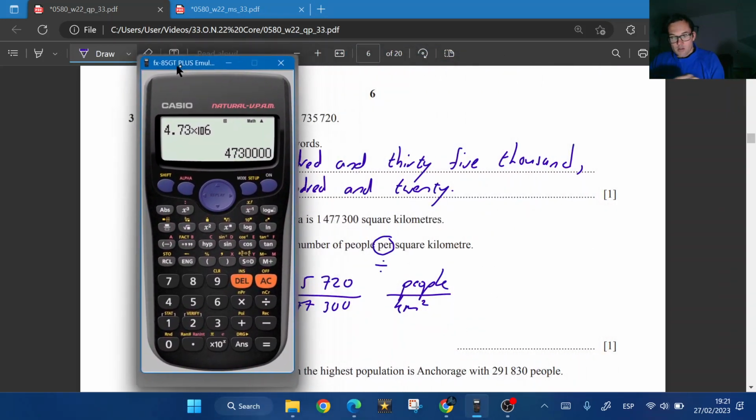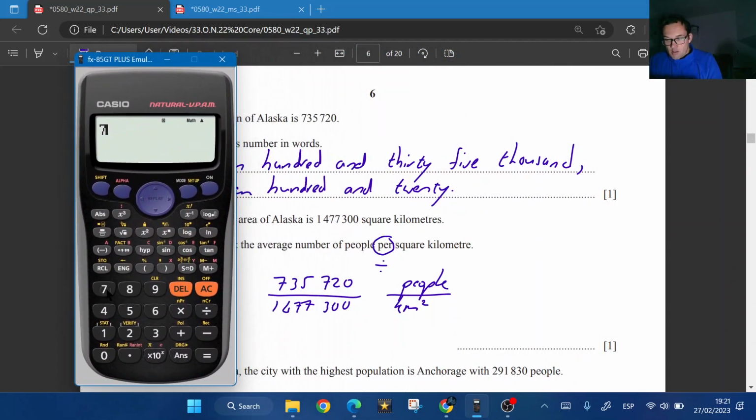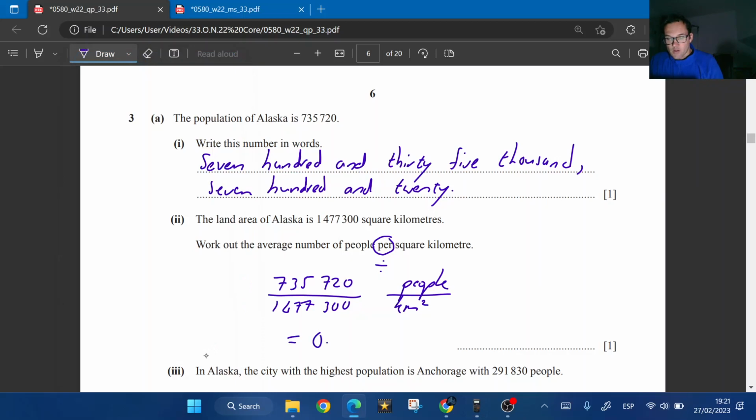So, do it over here. Okay, so what we get is 0.49801. What does it mean?